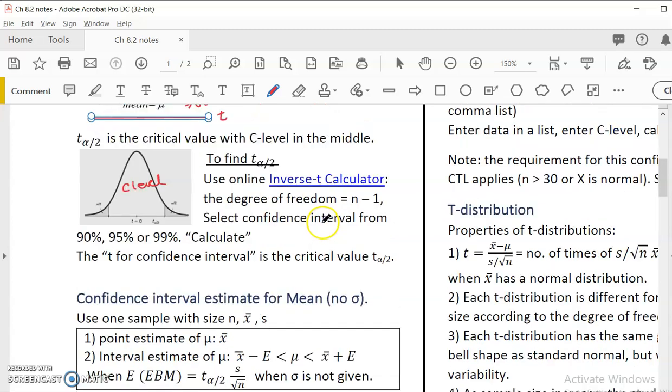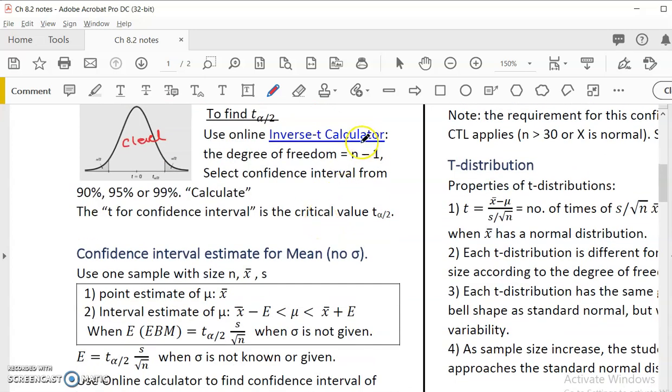It's not as flexible as the inverse normal where you can have any confidence level. You can only have these three. Other calculators can have different numbers, but I think this one is good enough.